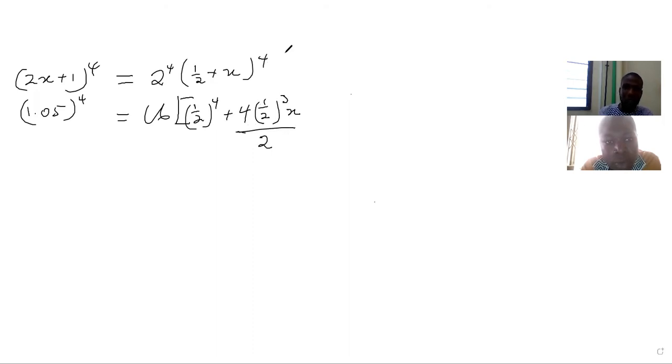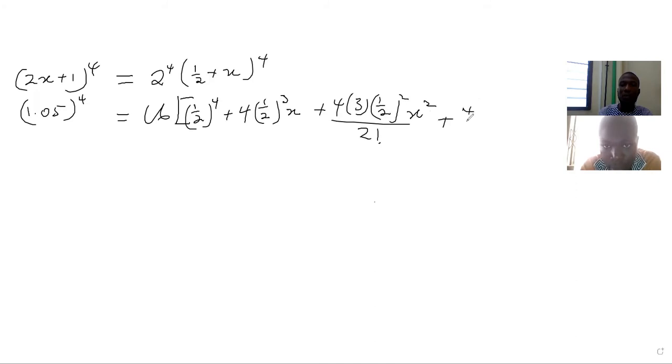No, this is not over factorial. Yes. So plus 4 times 3 times (1/2)^2 x squared over 2 factorial. Then plus 4, 3, 2, (1/2) x cubed over 3 factorial.